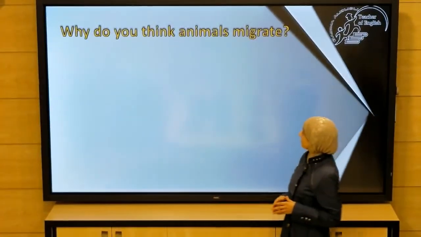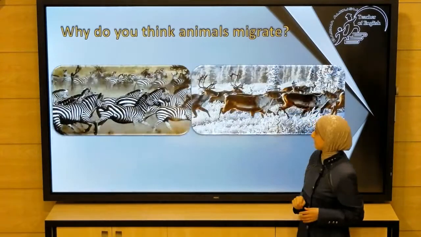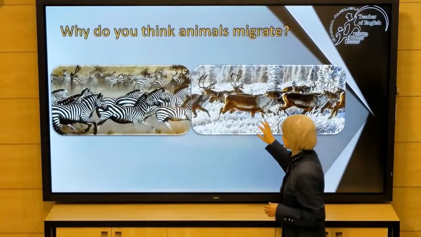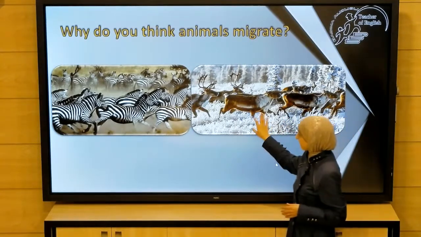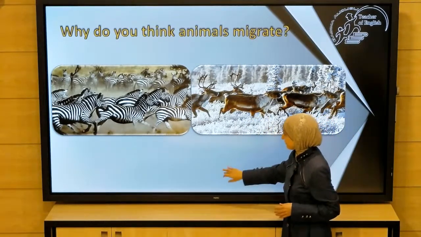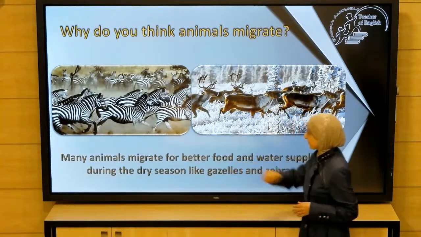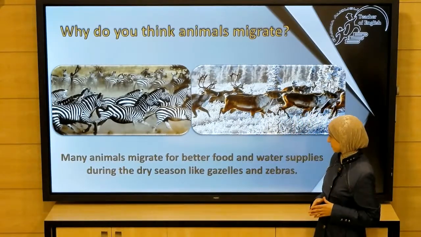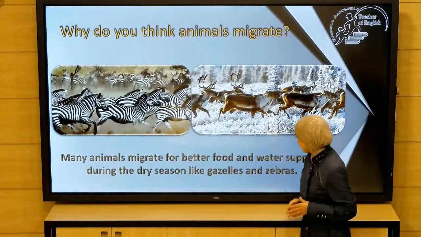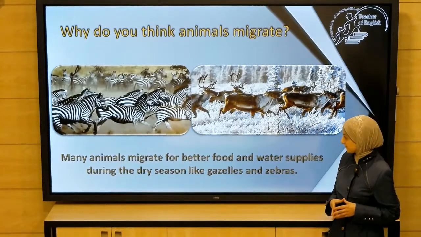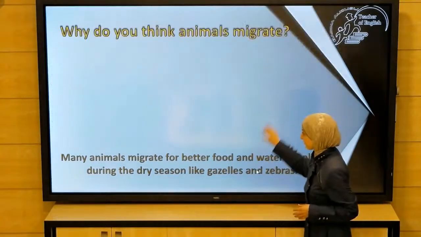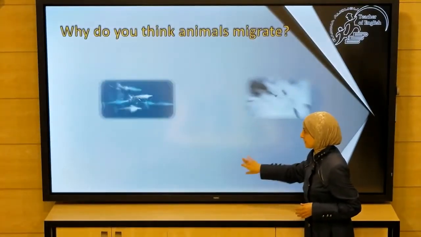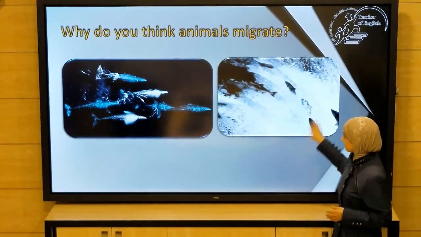Now, why do you think animals migrate? Look at this. We have zebras and we have gazelles. Okay, many animals migrate for better food and water supplies during the dry seasons, like gazelles and zebras. Look at the second pictures.